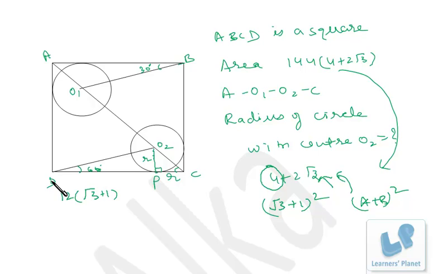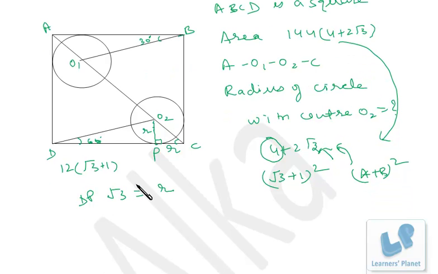The relationship between DP and this O2P is given by tan theta, where theta is 60 degrees over here, and tan 60 degrees is root 3. So R by DP is root 3, so R is equal to DP root 3, or DP is equal to R by root 3. So this length is R by root 3, this length is R, and in all, the total is 12 times (root 3 plus 1).